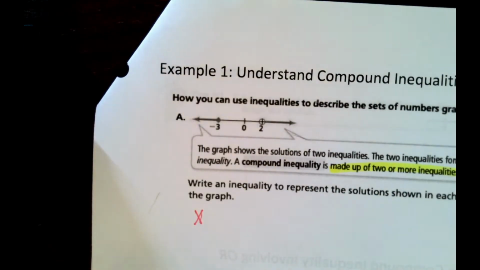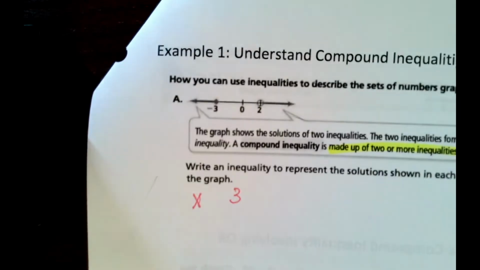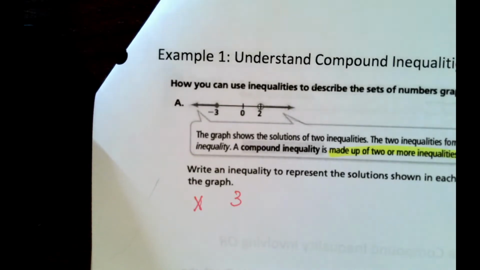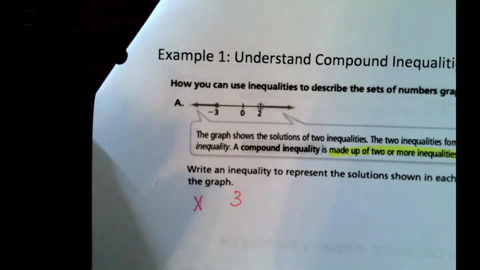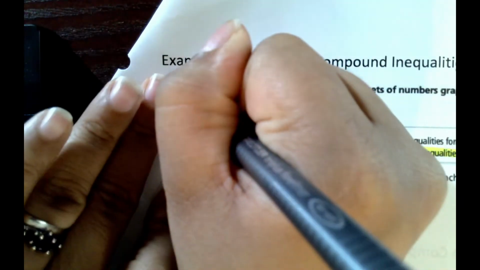So now that we've written our x and we've written our number, all that's left to do is figure out what sign goes there. Well, first things first, we know it has to be equal to, because that's a closed dot, right? Well, all those numbers are less than -3. So x should be less than or equal to -3. I want you always to think about the numbers that are being sent with the arrow as x, because it could be any of those numbers it's touching.